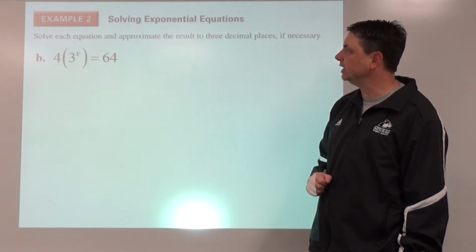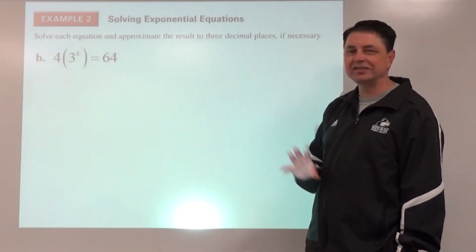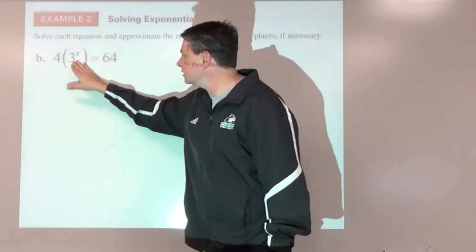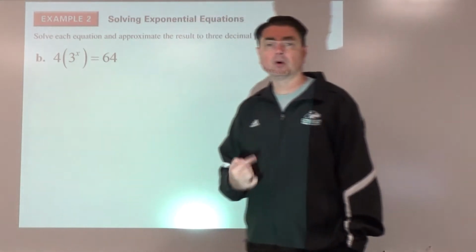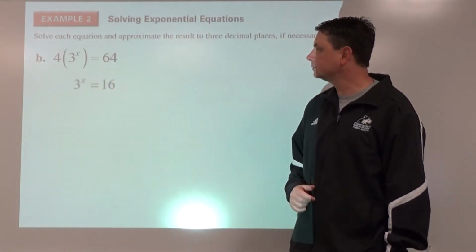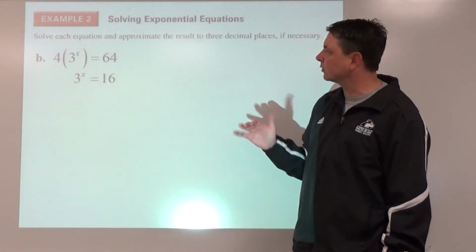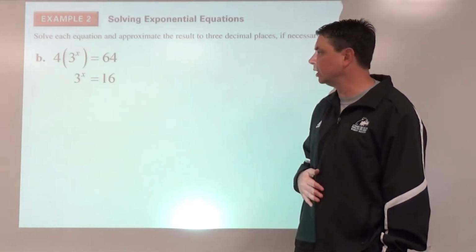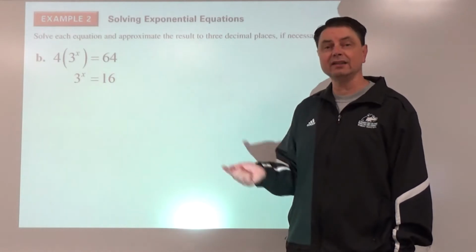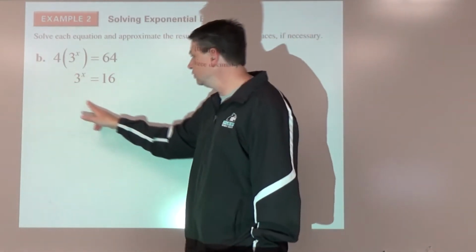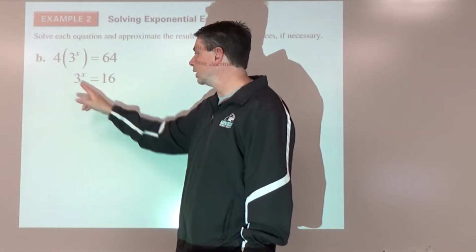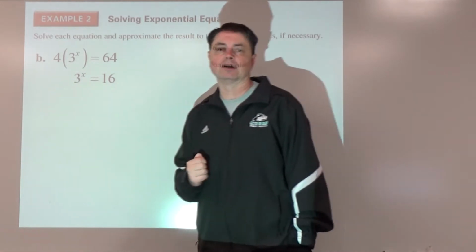Example 2, part B, solve. Let's see if we can go ahead and isolate. So get rid of the 4. Let's divide both sides by 4. And then no common base, so I don't think we're going to be able to use the one-to-one property, but we could rewrite this as a log equation by moving the base: x equals log base 3 of 16.